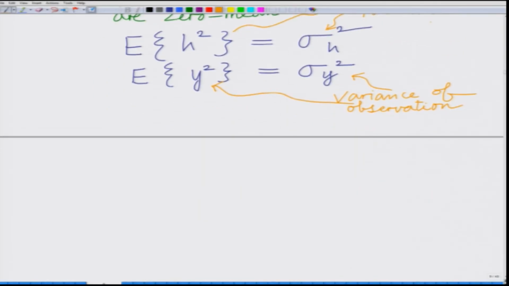And also we need the covariance, that is, we need the expected value of h times y.